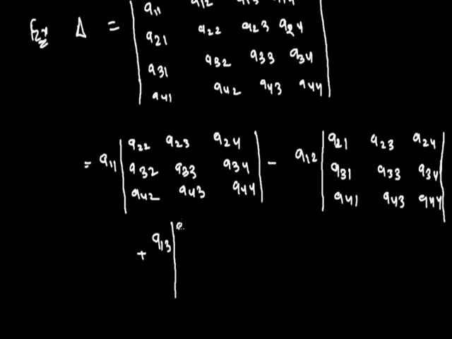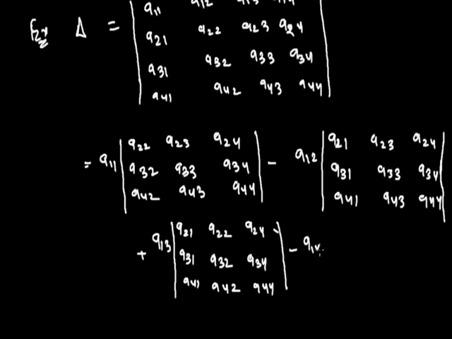So it's A21, A31, A41, A22, A32, A42, A24, A34, A44. Now again the sign is minus, A14.